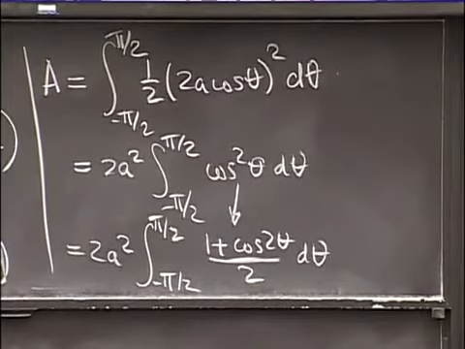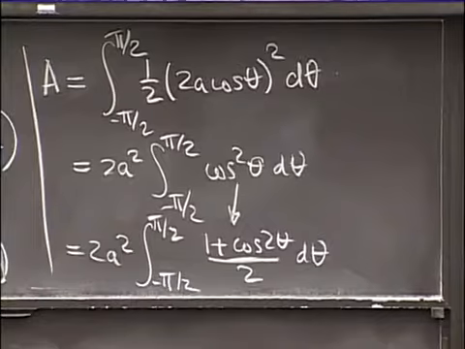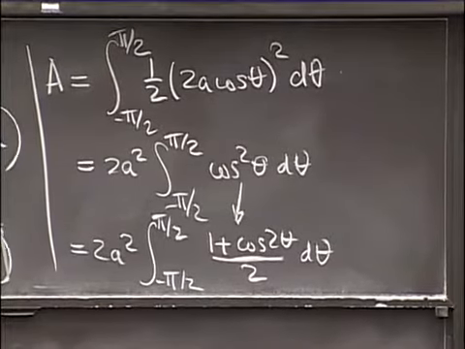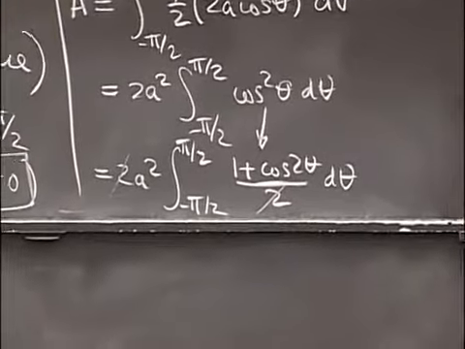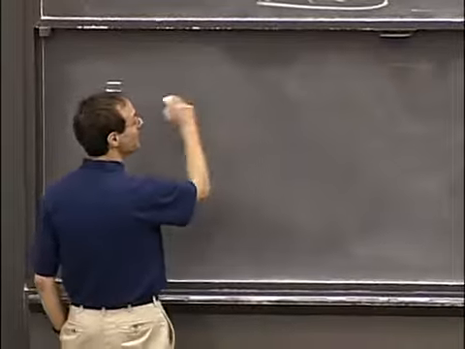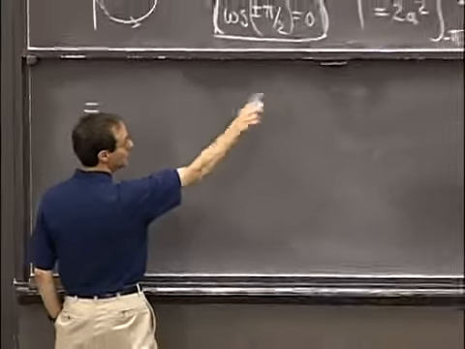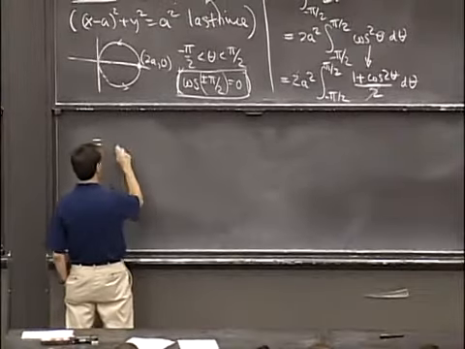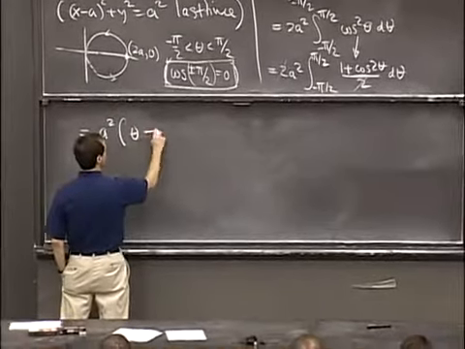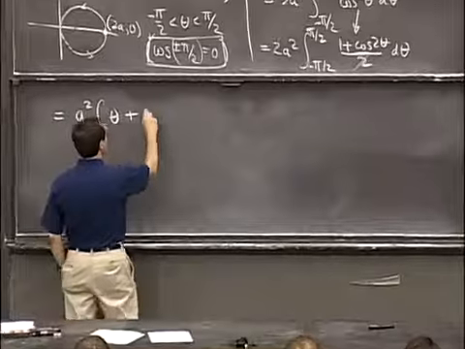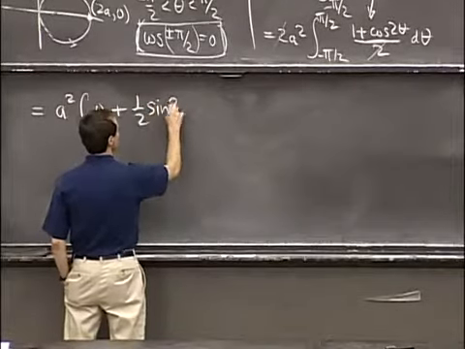And now this integral is easy. Why is it easy? Well, because it's the antiderivative of a constant, and cosine 2 theta, its antiderivative you're supposed to be able to write down. So the antiderivative of 1 is theta, and the antiderivative of the cosine is half the sine of 2 theta.